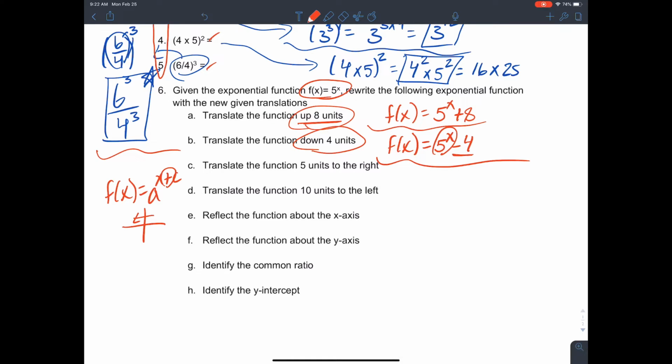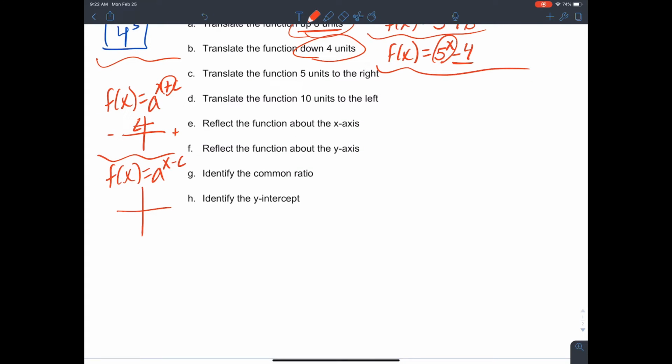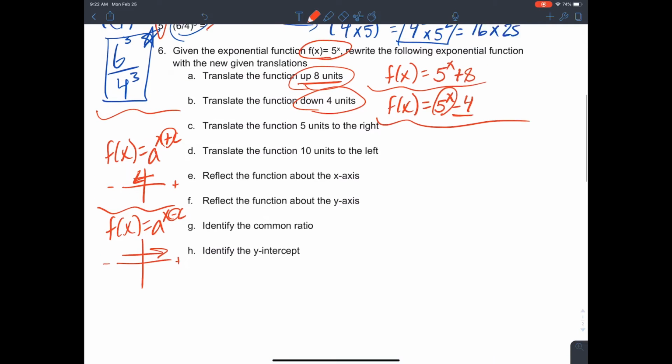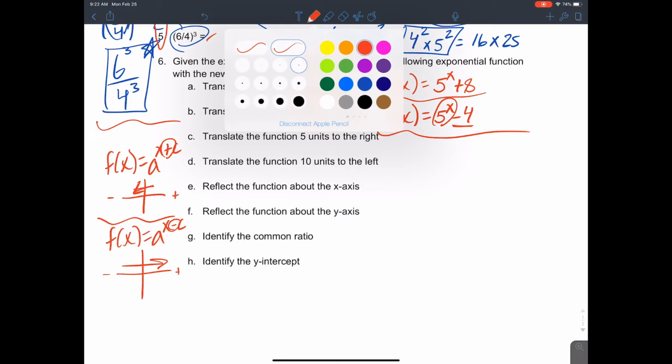If it's plus, we're going to the left, towards the negative side. Vice versa, if you have f of x equals some number a to the x minus c, if plus c shifted it to the negative side, what do you think minus c is going to do? Shift it to the positive side. There you go.